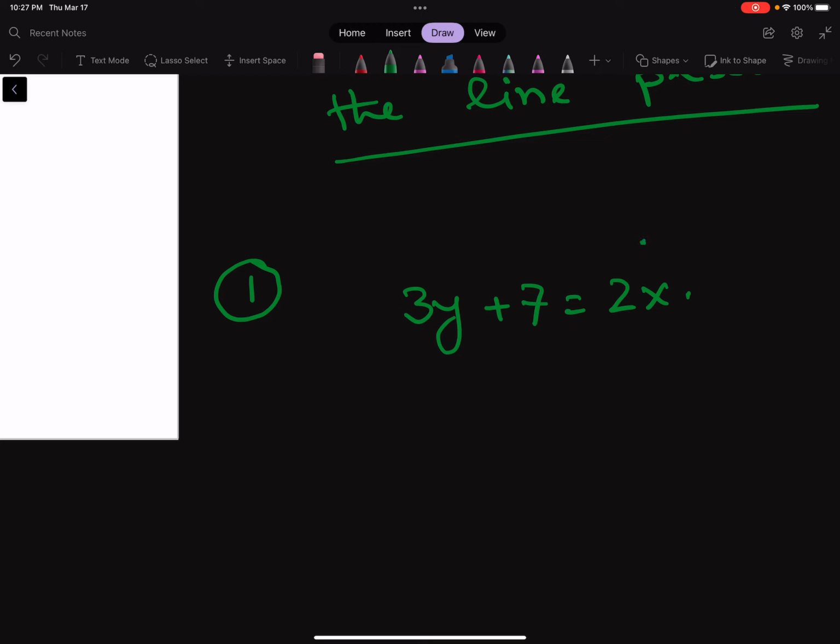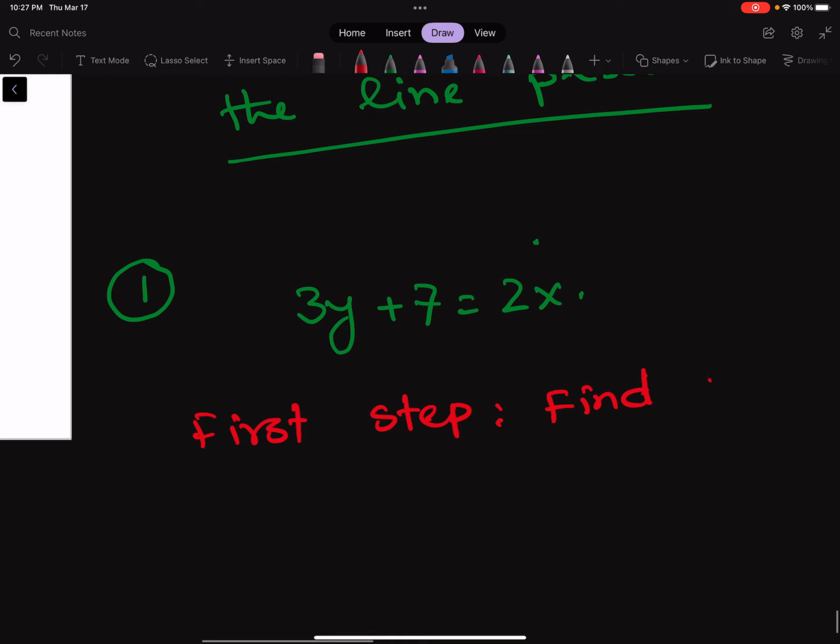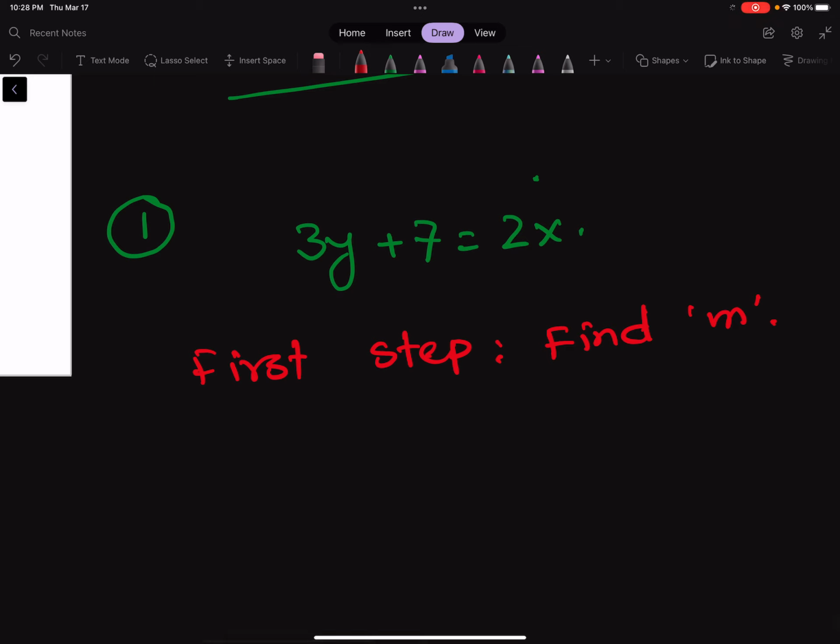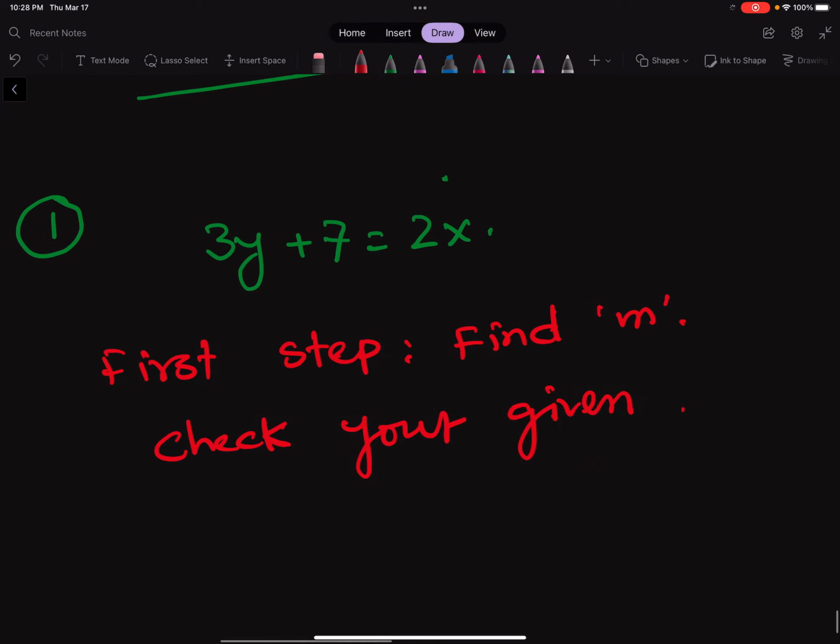To write the equation, the first step is to find m. Now the question is how to find m. So what you should do is check your given equation.